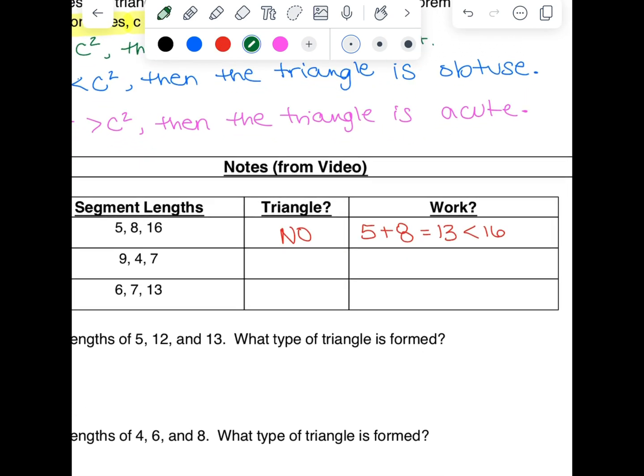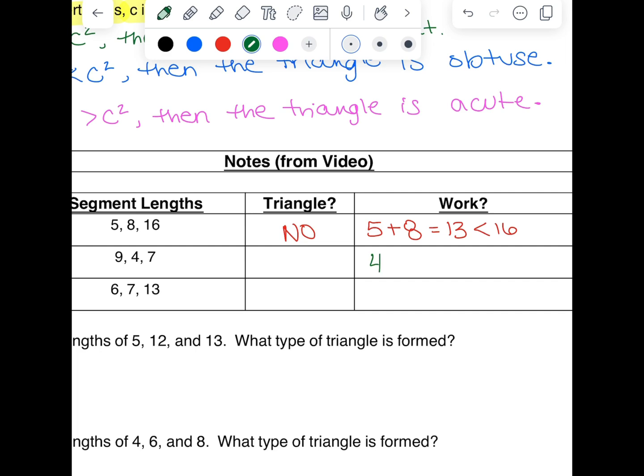The next one, our two smallest lengths are 4 and 7. If we add those together, we get 11. And 11 is larger than 9. So yes, 9, 4, and 7 can form a triangle.